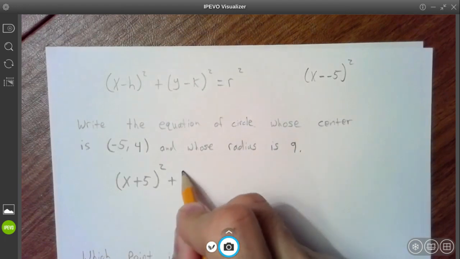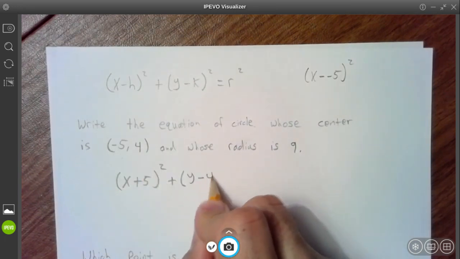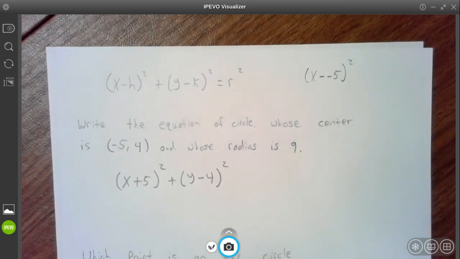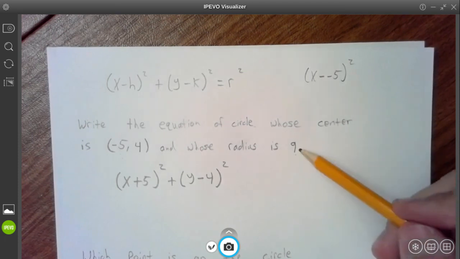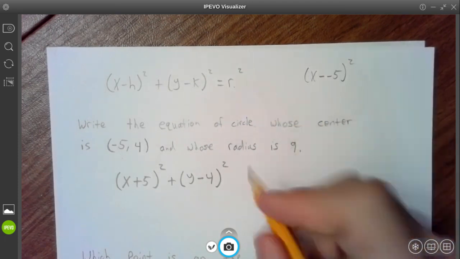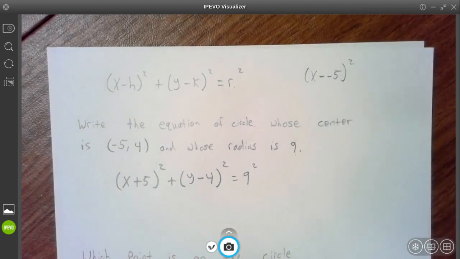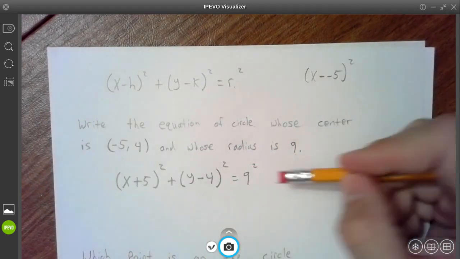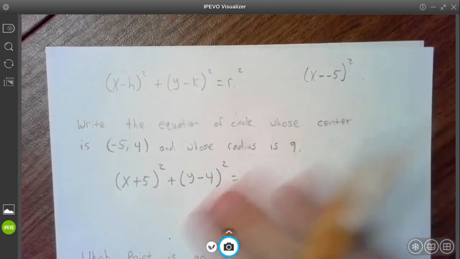And then plus my y value is a 4, so I'll say (y minus 4) all squared. And my radius is 9. So I'm plugging in 9 for the r. So this is going to be 9 squared like that. And if you want to, you can go ahead and call that 81. 9 squared is 81.